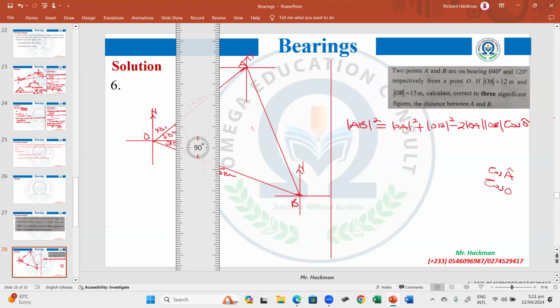So at this point, you go and substitute. My AB length will be equal to the root of, then I substitute. OA is 12, so 12 squared plus OB, which is 15, so 15 squared, minus twice OA, which is 12, times OB, which is 15, then cos of the angle at O, which is 80 degrees.